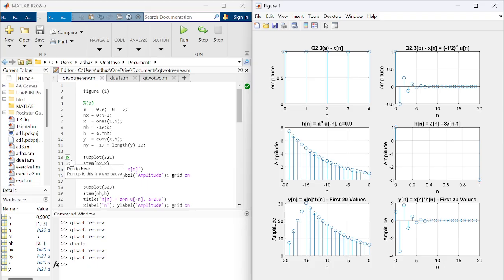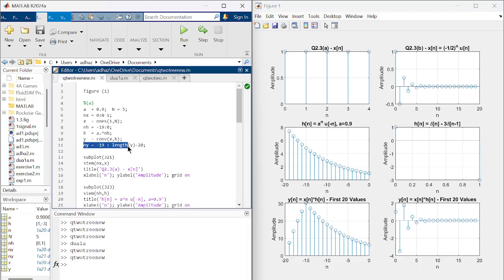For our coding, for n and negative 19, you might wonder why we start the output at 0. In MATLAB, the convolution function has no idea what time is for this code.